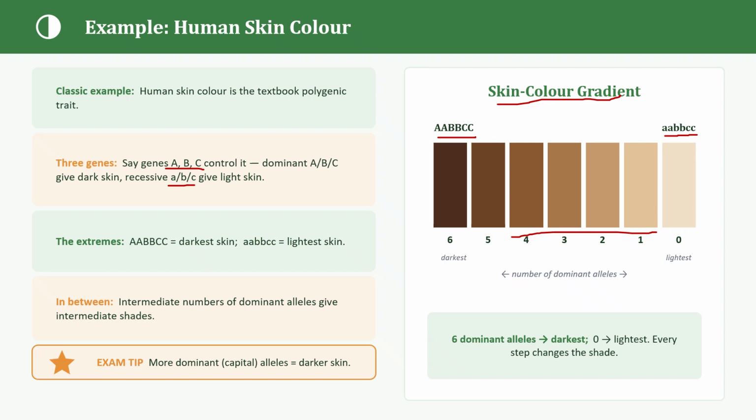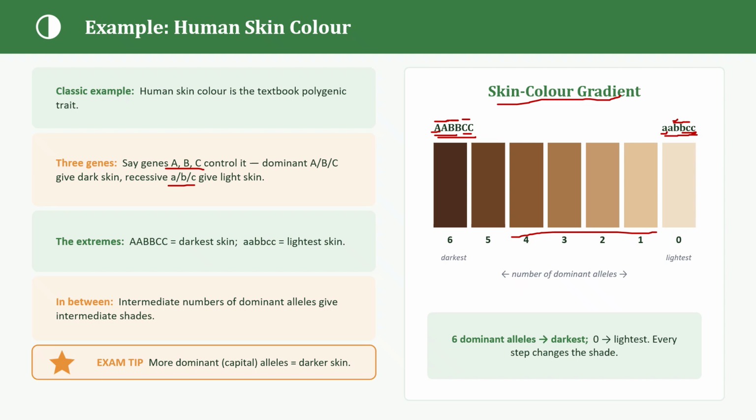For example, it can be AABBCc, or it can be AaBbCc, with one capital and one small of each, or AABbCc. It can be different. Depending upon how many dominant alleles are there, skin pigmentation gradually increases.